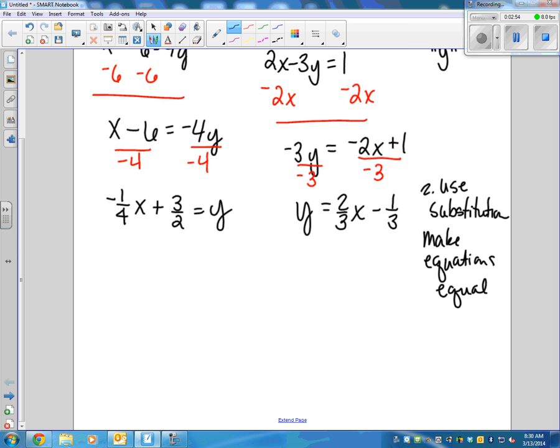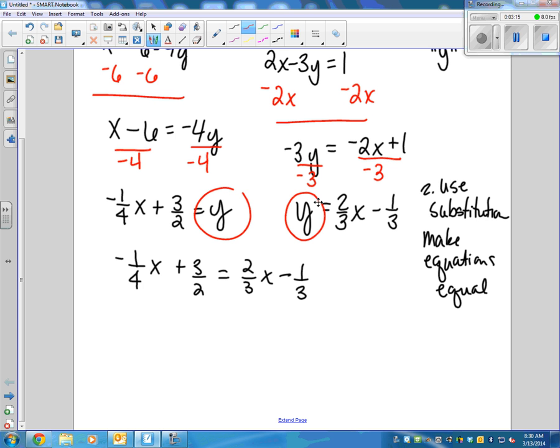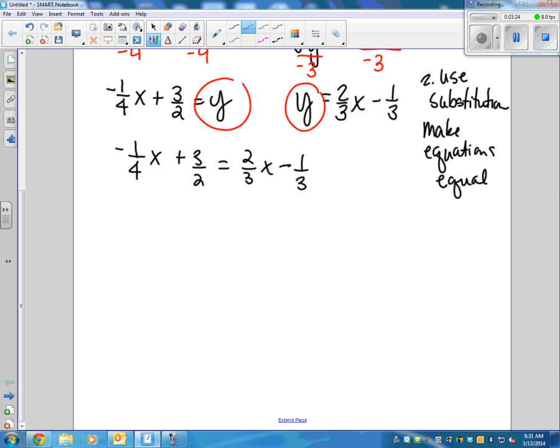So I'm going to now say that negative 1/4 x plus 3/2 is equal to 2/3 x minus 1/3. Because I had set both of these equations equal to y, I can now set them equal to each other. Do you see that? This is all for one problem, darling.